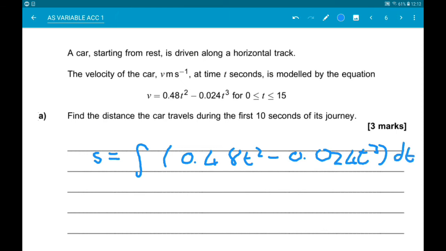Okay, so this is going to give us s is 0.16 t cubed minus 0.006 t to the power 4 plus c.